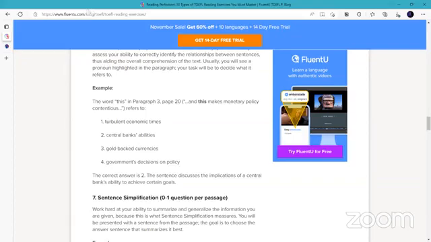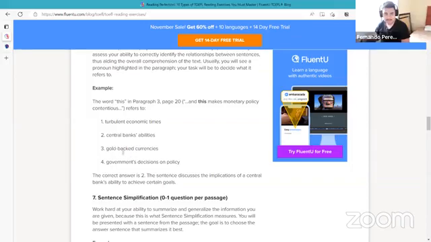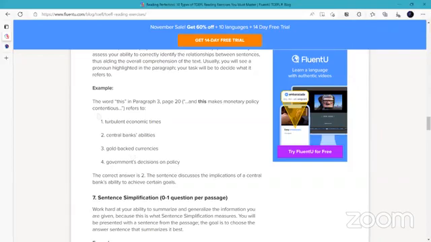1. Turbulent economic times. 2. Central bank's ability. 3. Gold-backed currencies. Watch out: what type of currencies? Gold-backed, with no L. 4.